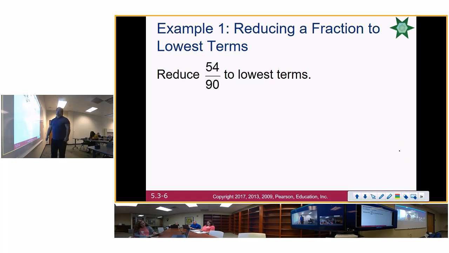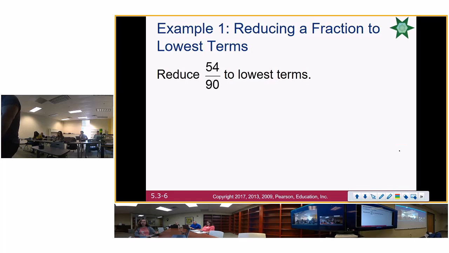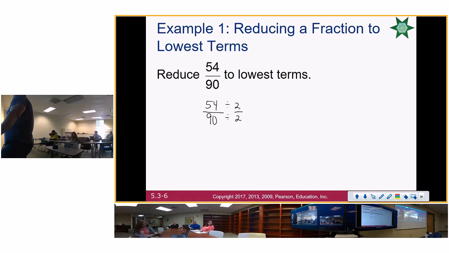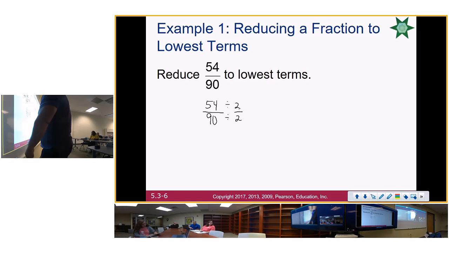That's right. So you're thinking 6 times 9. Okay, so I'm going to do 54 over 90. And I'm going to divide by 2 and divide by 2. What's 2 over 2? 1. So I'm only dividing by 1. So it don't matter. So that gives me 27 over what?